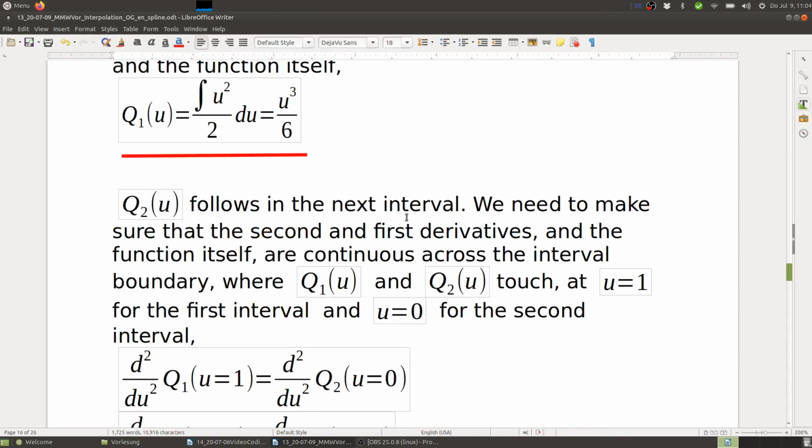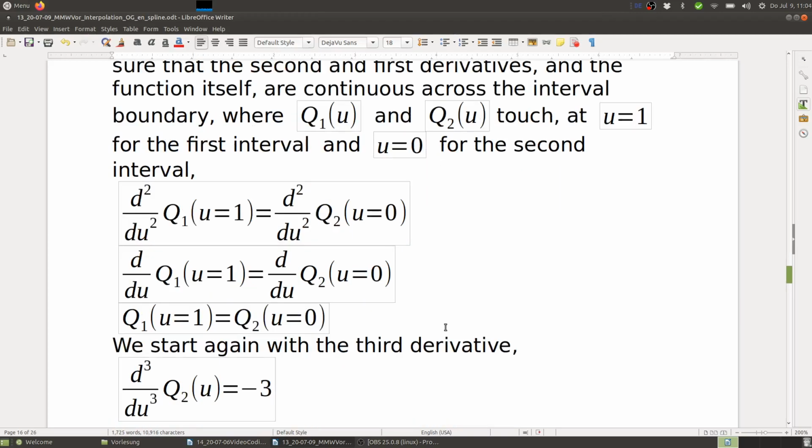q2 follows in the next interval. But here we need to make sure that the second and first derivatives and the function itself are continuous across the interval boundary where q1 and q2 touch, at u equals 1 for the first interval and u equals 0 for the second interval. Right? So now we need to take care of the continuities. The second derivative of our polynomial needs to be continuous across the boundary.